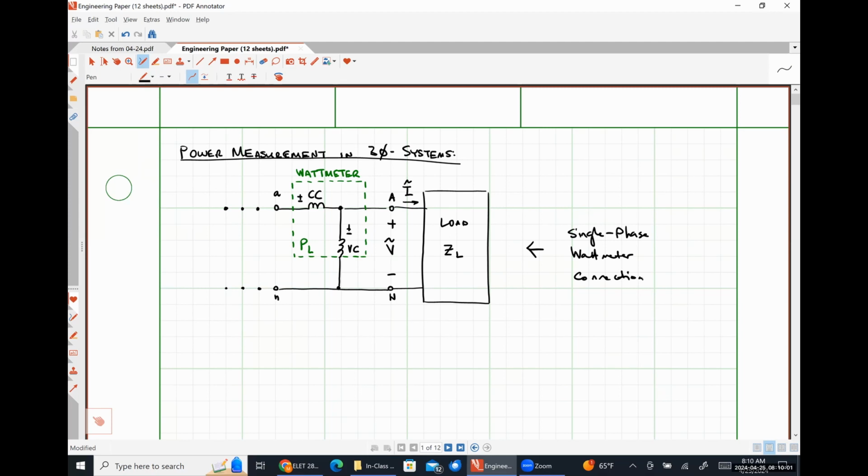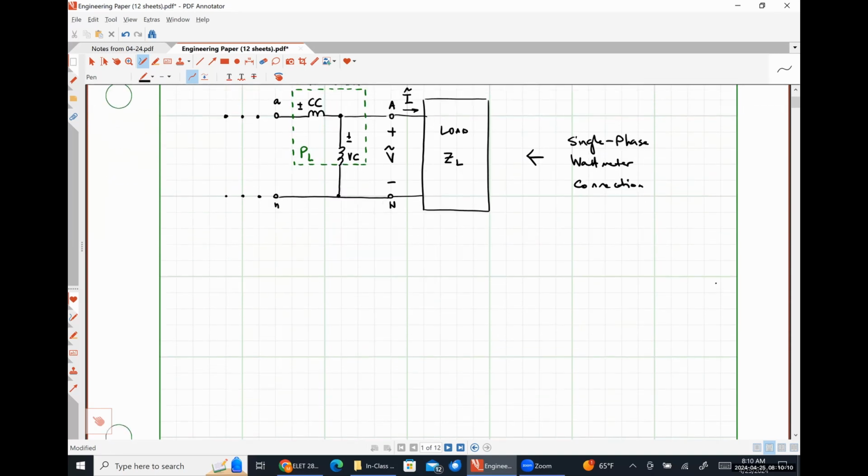If we had, let's say, for example, a three-phase Y-connected load where we have access to a neutral, our total average power could be determined by using as many as 3 watt meters, right? So think about something like this.